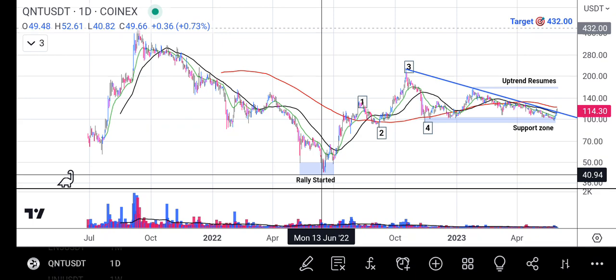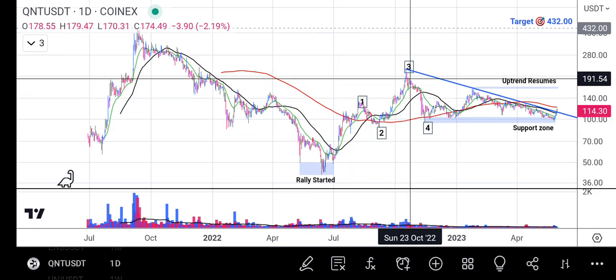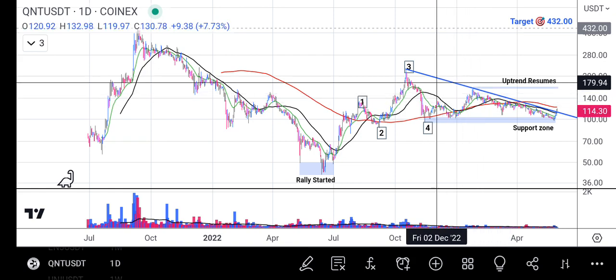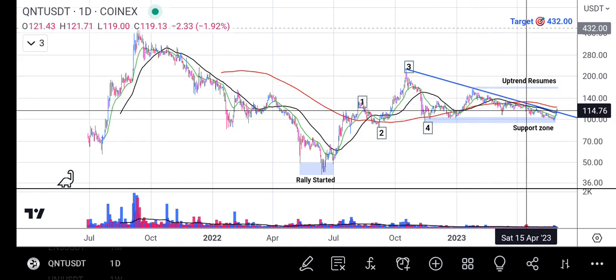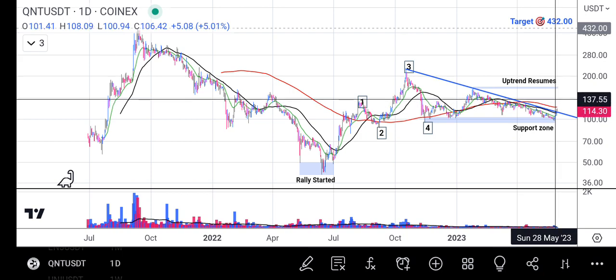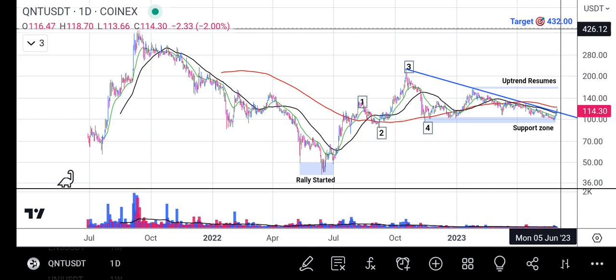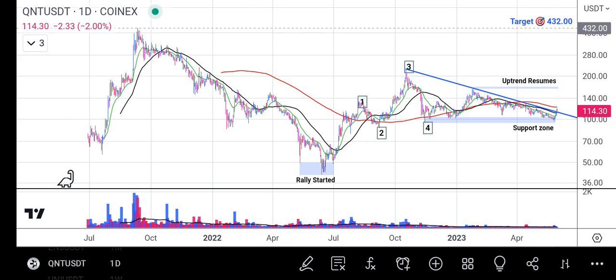And now it has had a small rally before coming down again, and as it's forming this triangle, it's now breaking out of this trend line and going up again to target its prior resistance, which is now our target zone. This is our analysis on QNT.